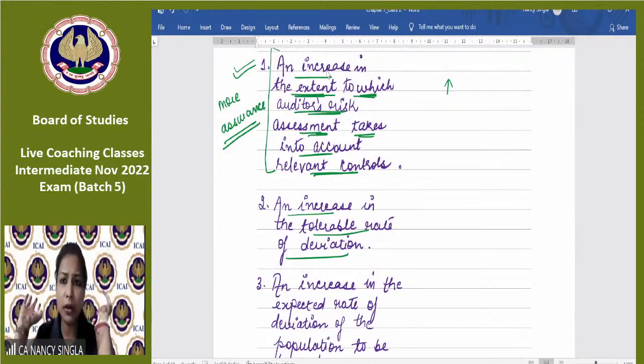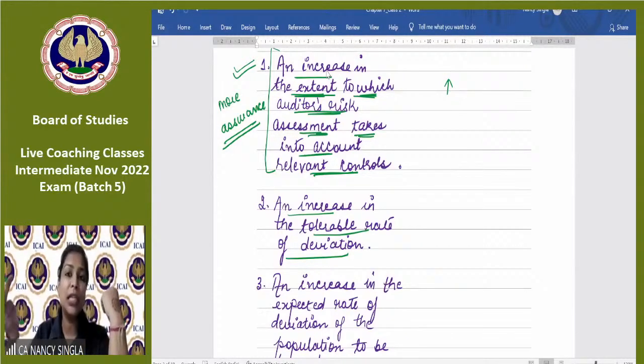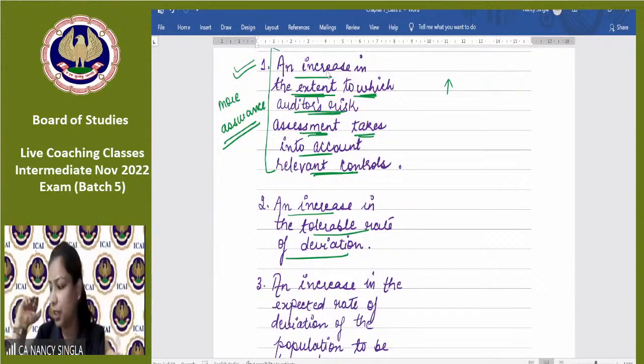This much I will tolerate, but beyond that, I will not tolerate. Say this many deviations out of 10. If 2 times the internal control was not working, that is fine. But beyond that, I will not tolerate. I will not rely on internal control there.